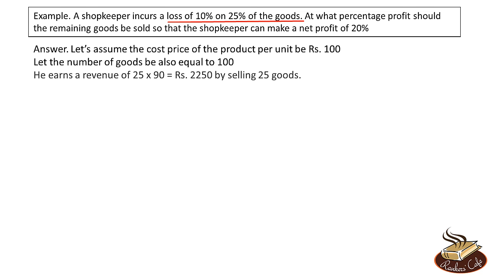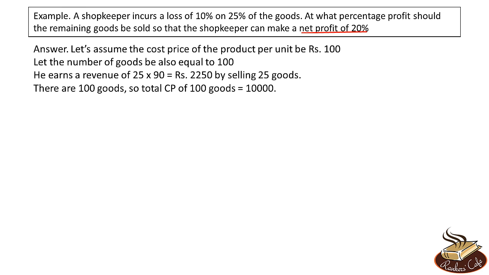So from the first 25 goods, he earns a total revenue of 25 into 90, that is rupees 2250. Now, he needs to sell the remaining 75 goods at a particular profit percentage so that his net profit percentage is 20%. Now there are 100 goods priced at rupees 100 per piece. So total CP or cost price of 100 goods is 100 into 100, which is rupees 10,000.